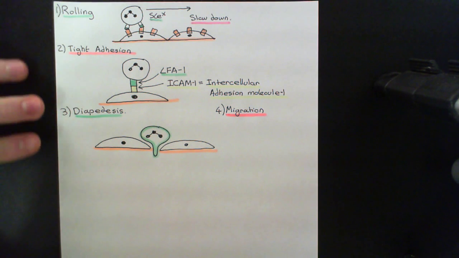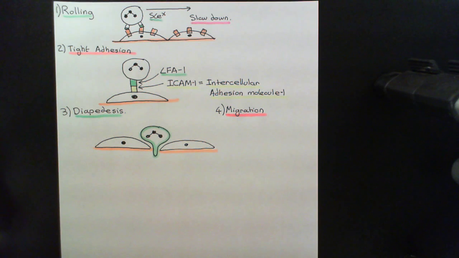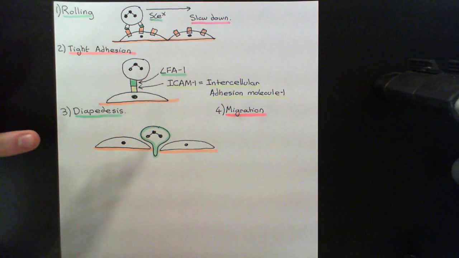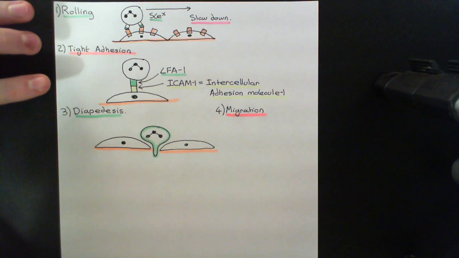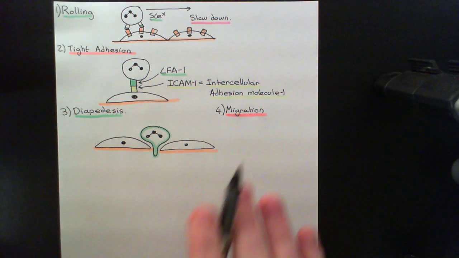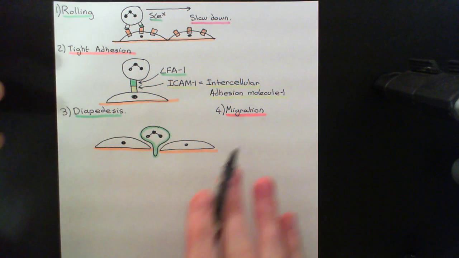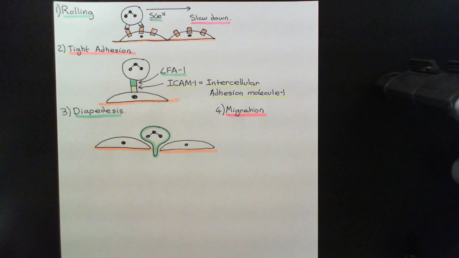So these are the major four parts of the extravasation of leukocytes: rolling, tight adhesion, diapedesis, and migration. We've discussed it in the context of neutrophils, but these same principles apply for the extravasation of any leukocyte.